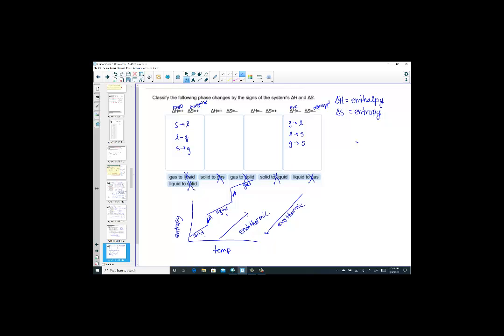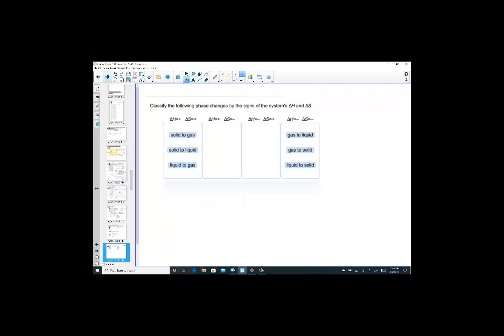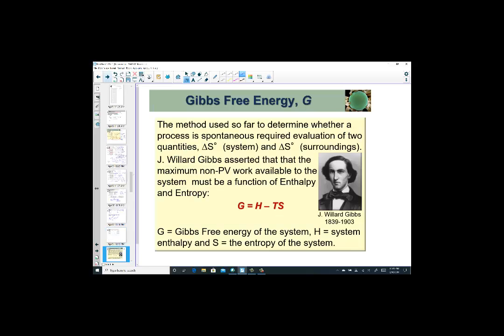Those are all examples of phase changes that give us endothermic with a positive entropy and exothermic with a negative entropy. Good thinking problem. In phase changes, there are no examples of endothermic becoming more organized or exothermic becoming more chaotic, right? So there's a good example of just thinking through phase changes at the molecular level.